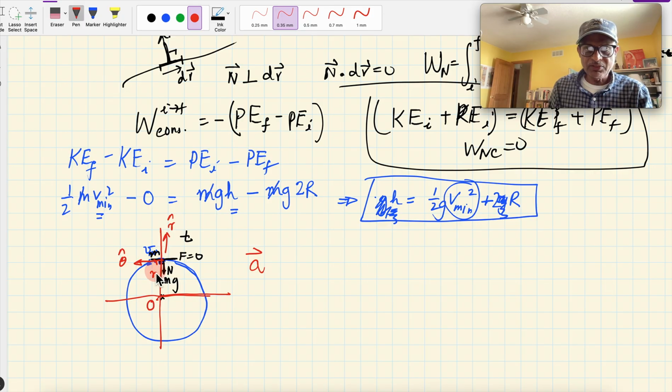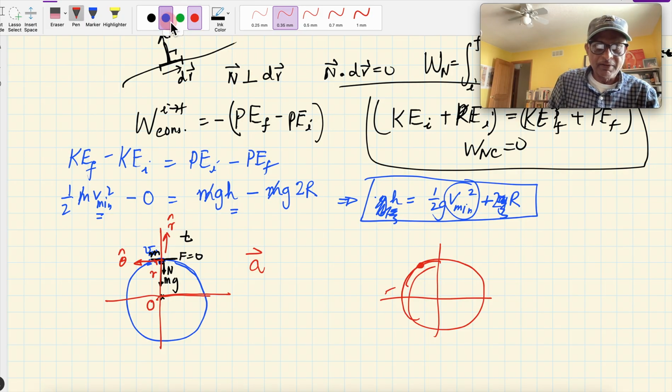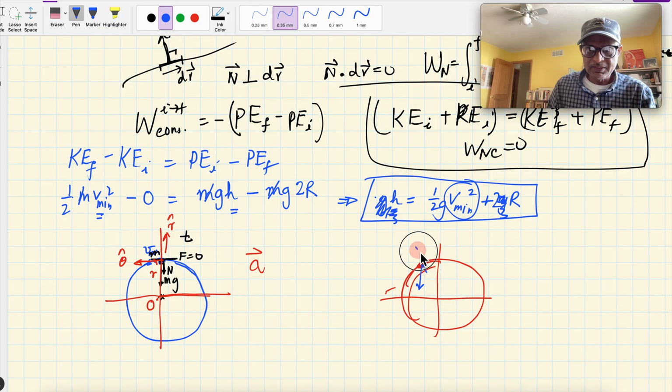If you go a little later, the speed changes, because gravity speeds it up, then slows it down as it comes around. If you look at the gravity here, this is the radial direction and this is the theta hat direction.